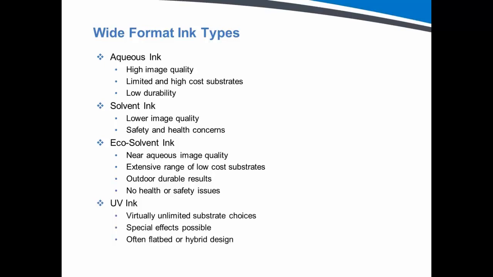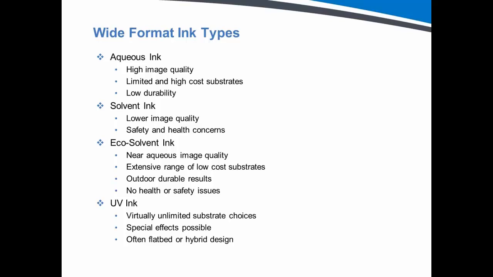What happens there is the media that the ink is going on to is heated up, and the ink then embeds itself into the media and then cures there. And that's how it adheres to it. Now with UV ink, it sits on top and then it's cured immediately with a UV lamp.